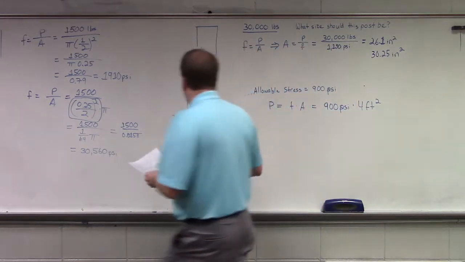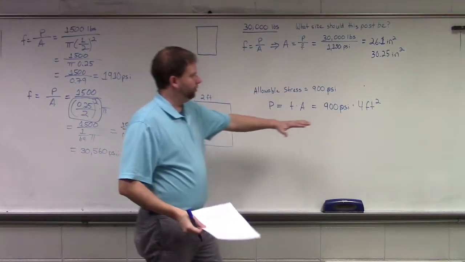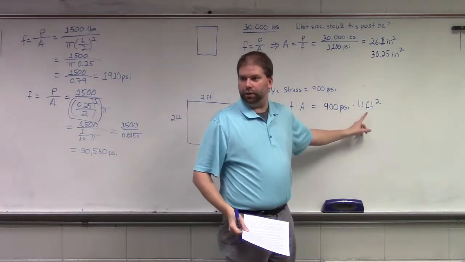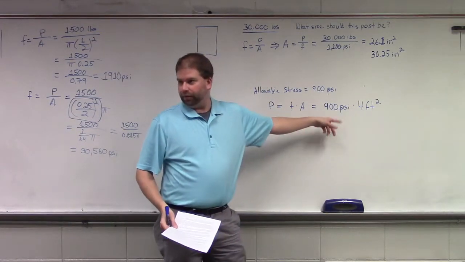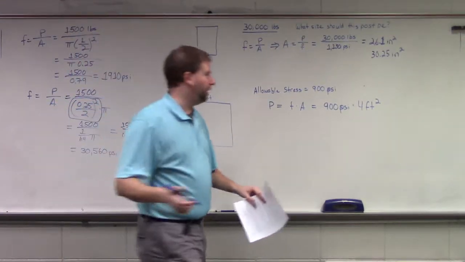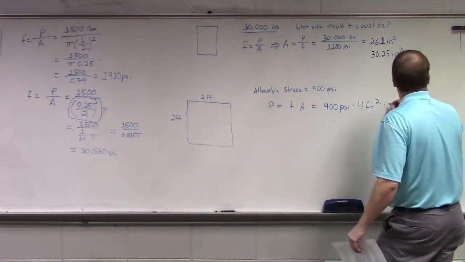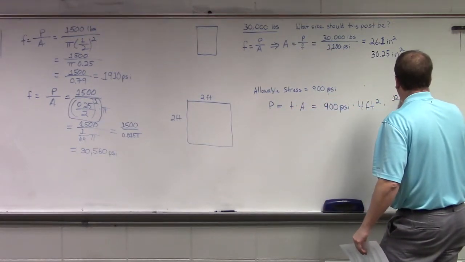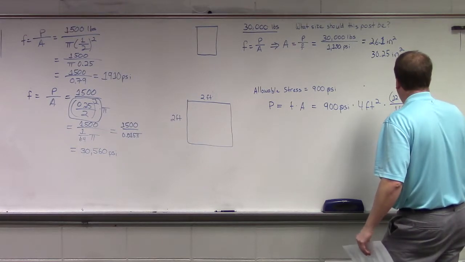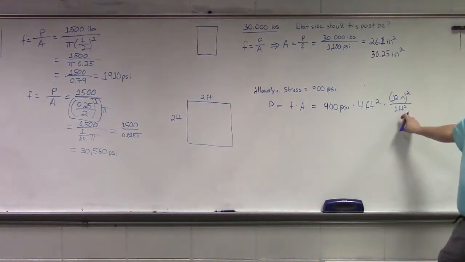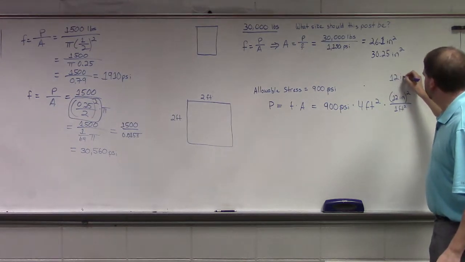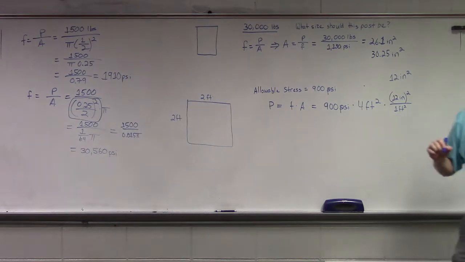But here's the problem: dimensional analysis. Here we're in square feet, but here we're in square inches. So what do we have to do to modify this? We have to convert it to square inches. Please make sure that you use this and do not use this.